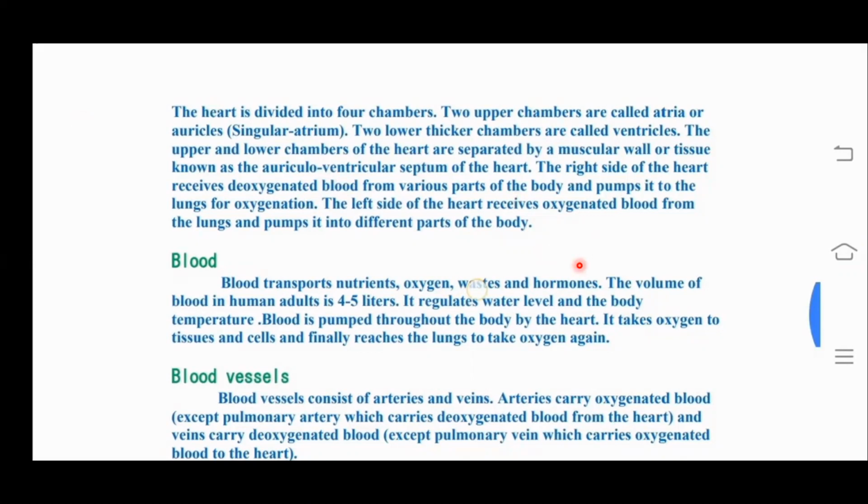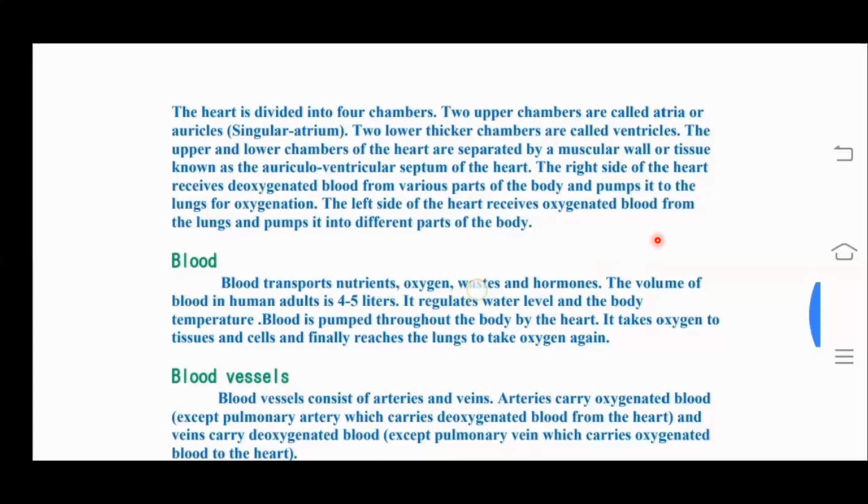And the right side of the heart receives blood which is not oxygenated, deoxygenated blood, and it goes back to the lungs for oxygen, and the left side of the heart only receives the oxygenated blood, and that gives to the whole part of the body.